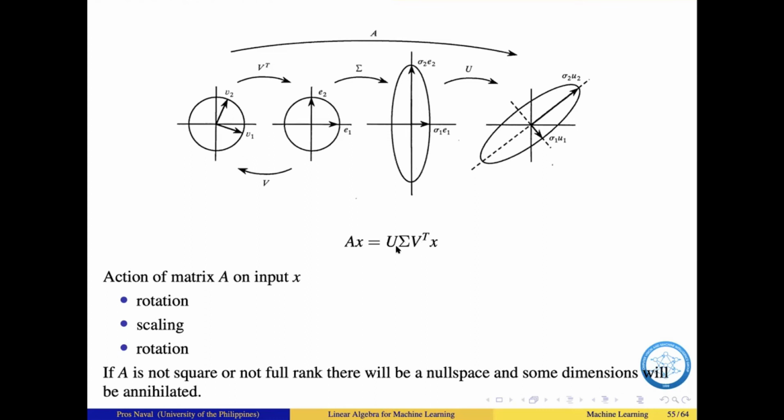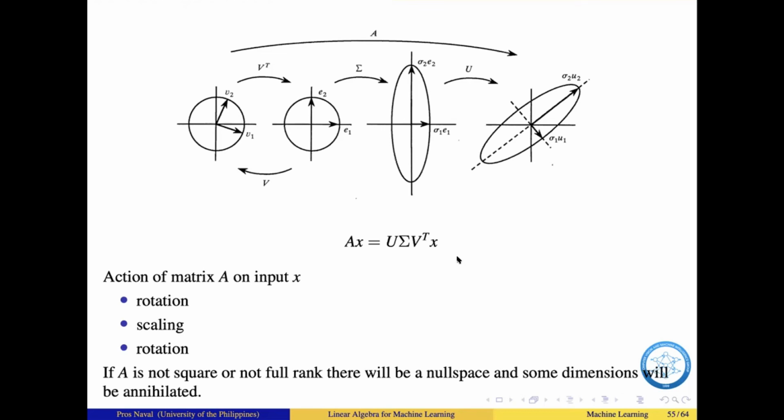Now you apply U to that result. You rotate that, so there's another rotation here. So the action of A on x is stretching and rotation of the unit ball.